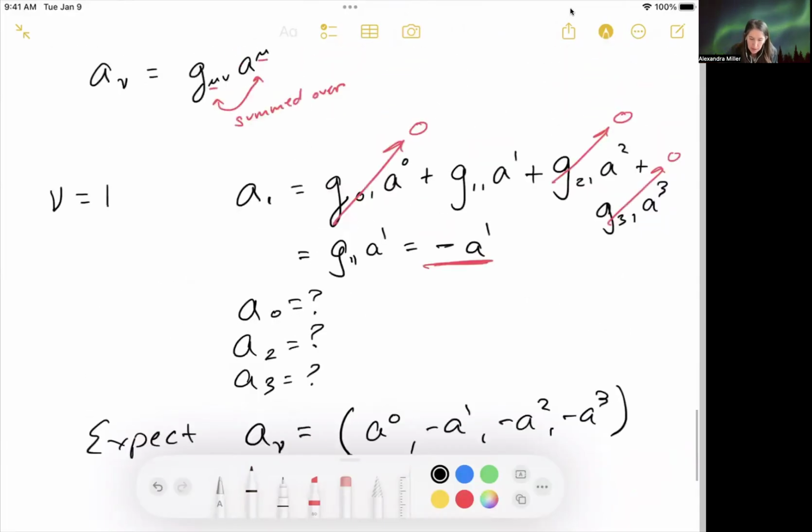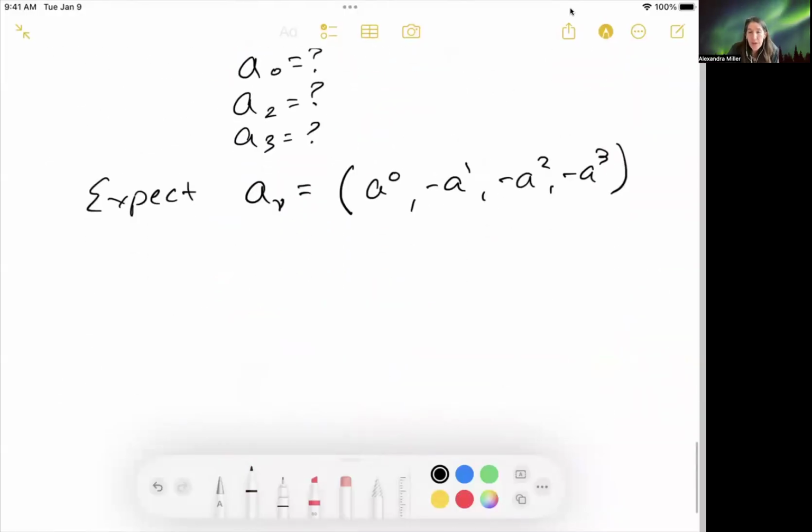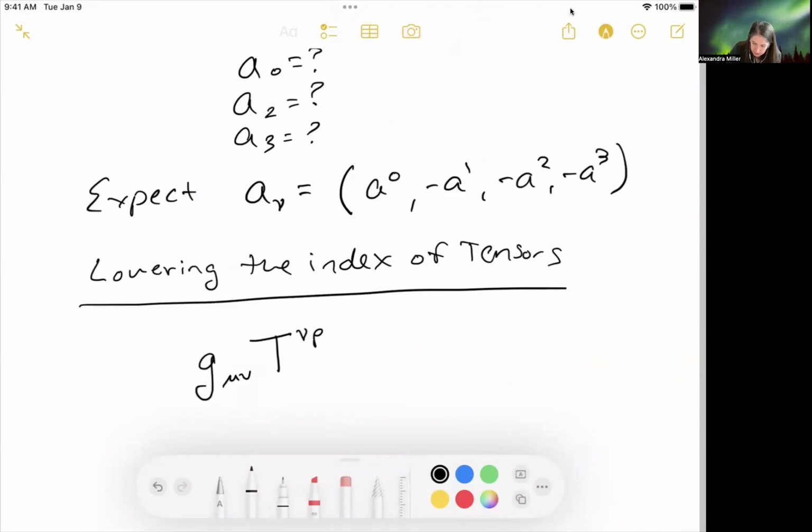So this is the example of how we can lower the index of a 4 vector. We can lower the index of tensors more generally, and we do it in the same way. So if we have some tensor T nu rho, we want to lower one of these indices, we can multiply it by g mu nu, where notice I have this repeated index again, and then what you're left with is T mu rho.